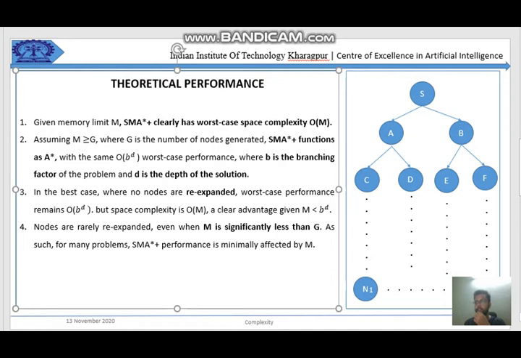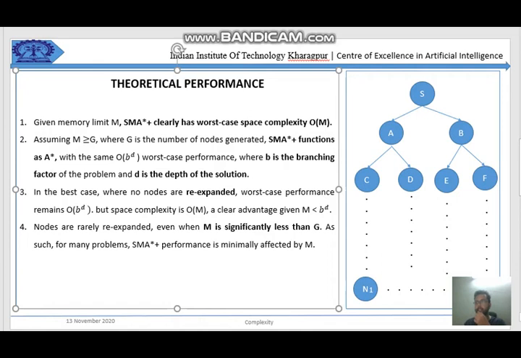When M is less than G, SMS star becomes difficult to analyze theoretically as performance depends on how many nodes must be re-expanded. So, in the best case, when no nodes are re-expanded, worst case performance is B to the power D, but space complexity is M. So, there is a clear advantage given that M is less than B to the power D.